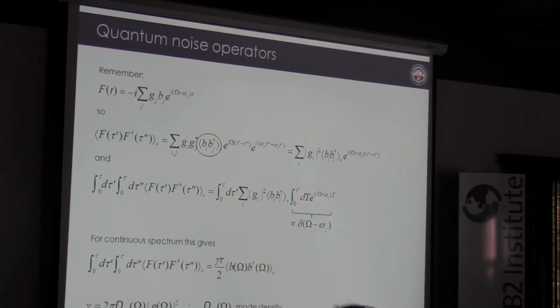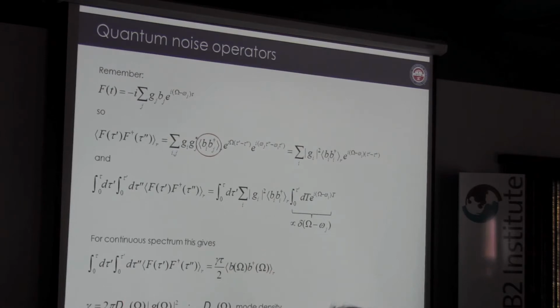And so again, by making this first approximation that this integral gives me a delta function, and then I take the continuum limit and replace this by an integral over frequency, what I end up picking out is this single mode of the reservoir right at the mechanical resonance frequency.